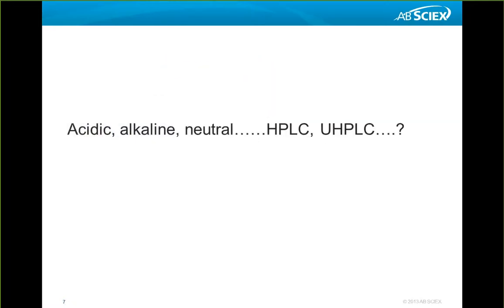If you look at the different methods that are so far published, there are different types of pH levels: we have acidic methods, alkaline methods, we have neutral methods, and these days, of course, we see a trend from classical HPLC to more ultra high performance liquid chromatography. The method that we are going to promote today is the acidic method. It allows for fast analysis of these compounds. However, we have also successfully implemented the alkaline method and the neutral method on our equipment.